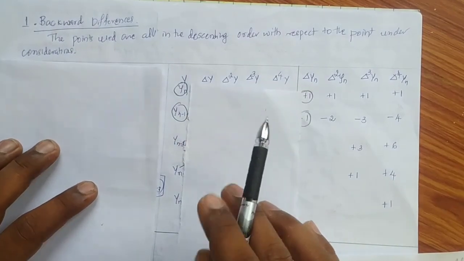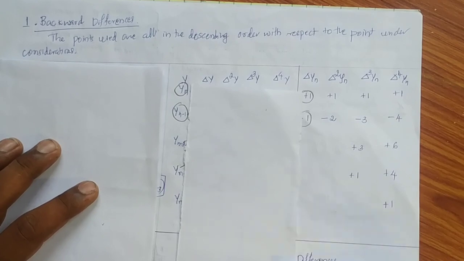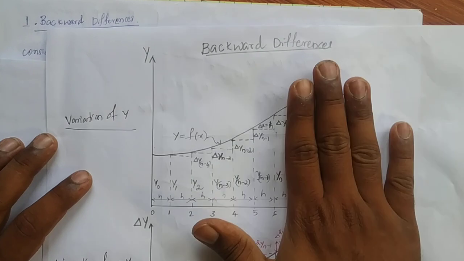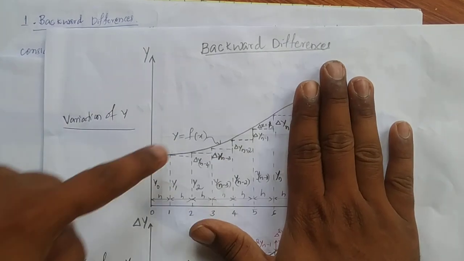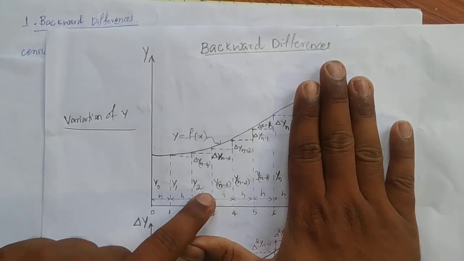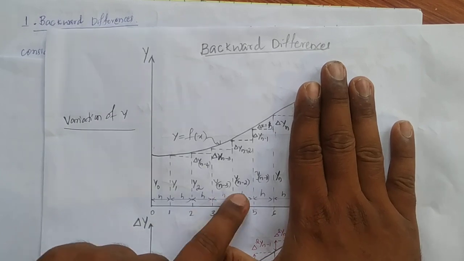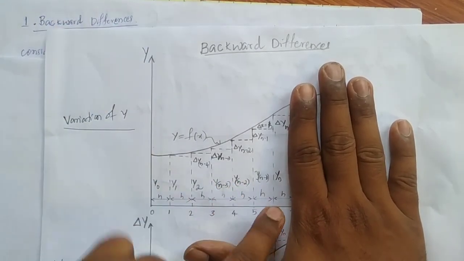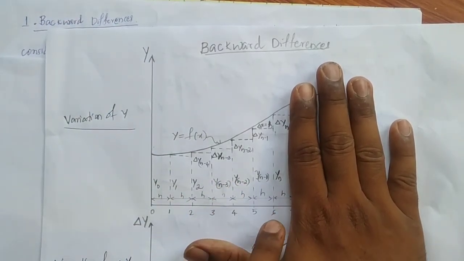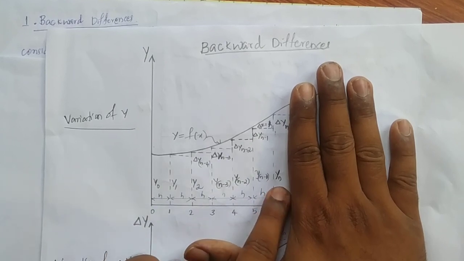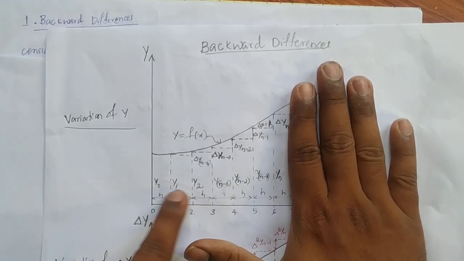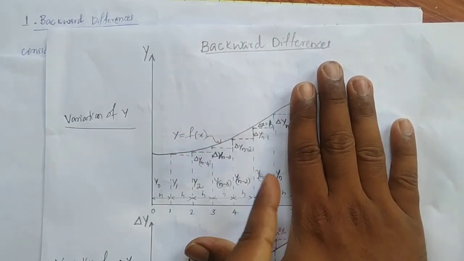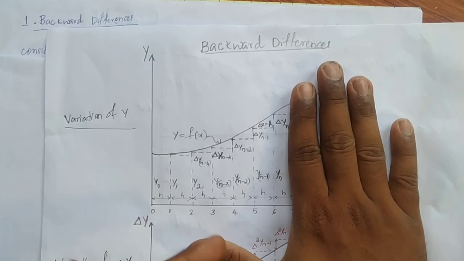Here you consider an equation with values y0, y1, y2, up to y n minus 3, y n minus 2, y n minus 1, and y n. In the backward difference method, you calculate the backward differences, starting from the highest value and going in decreasing order.